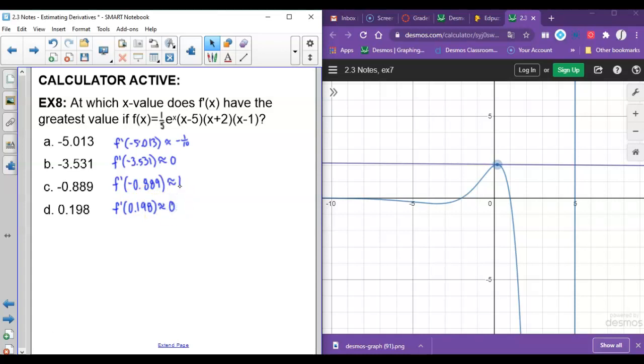Okay, so you can see that they've purposefully given us values here where we can tell the difference. So our first one was negative. B and D are both 0, and then right here, C, I have a clearly positive slope. So C would have to be the answer here. So whenever you're given a question like this, you're not doing limit definition of a derivative with this terrible long equation.